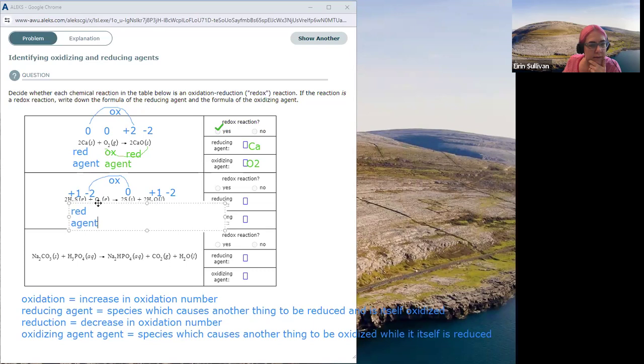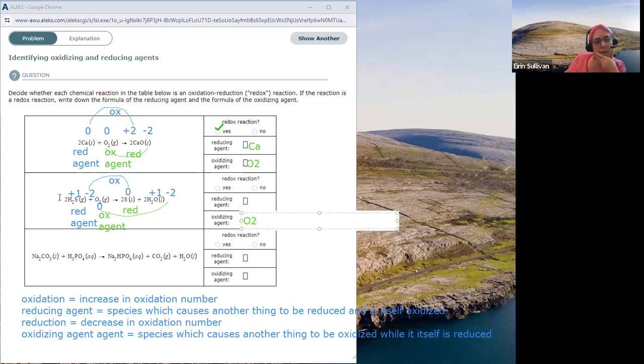And then what else do we have? Let's make that green. Oxygen is going from 0 to -2, so that is a decrease in oxidation number, so that is reduction, which means that this O2 is the oxidizing agent.